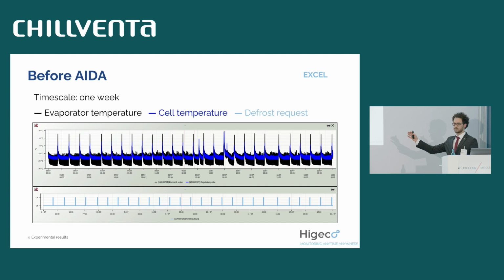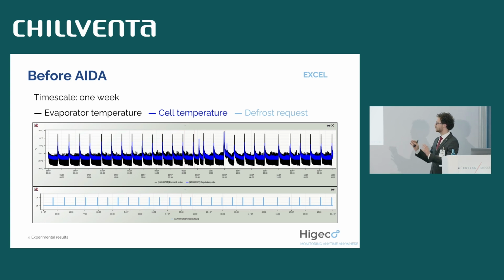Here you can see an example. This was an installation which we monitored for a week. So this is a week of time. And we can see in black the evaporator temperature, in blue the cell temperature, and in light blue the defrost request.